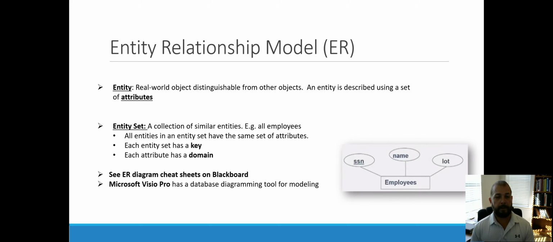If I have an example here where I have a number of employees as my entity, each of my attributes for the employees might be a social security number, a name, and so on. So these are just different attributes.